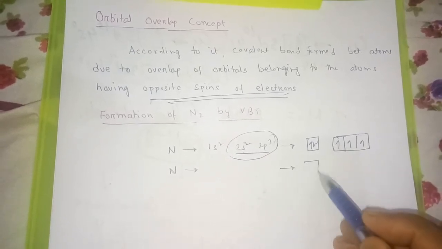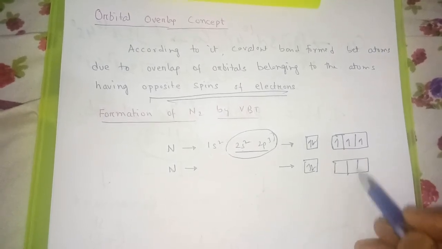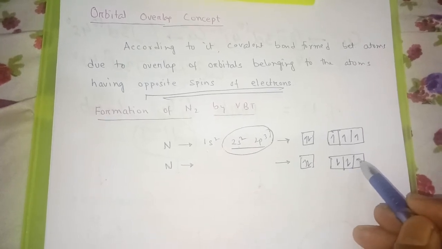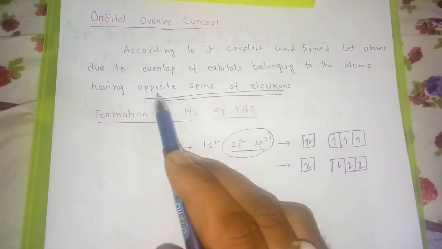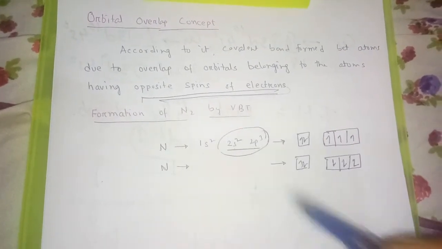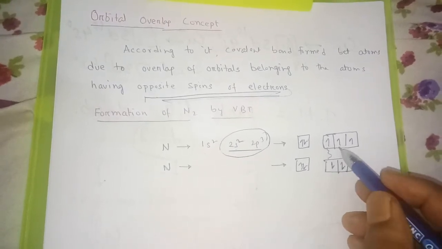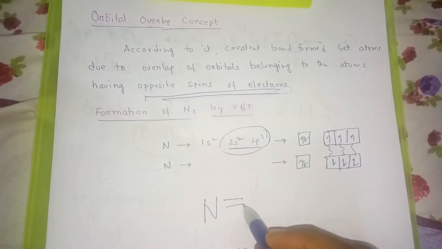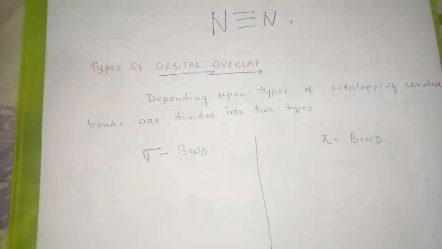For the other nitrogen also we are doing a box diagram, but in this case the 3 electrons in the p orbital we have to show by opposite spin. So in the orbital overlap concept, when bonding takes place, it takes place with opposite spins of electrons. So this is the first bond between the two nitrogen atoms, second bond, third bond. So we have N triple bond N.